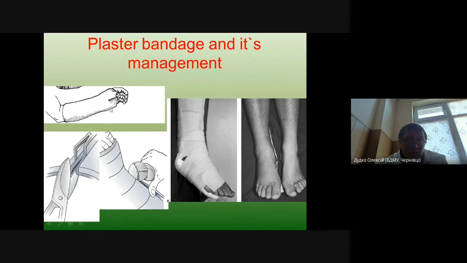If the fingers are warm already, the sensation was restored, well, that's okay. If not, you should make more release.